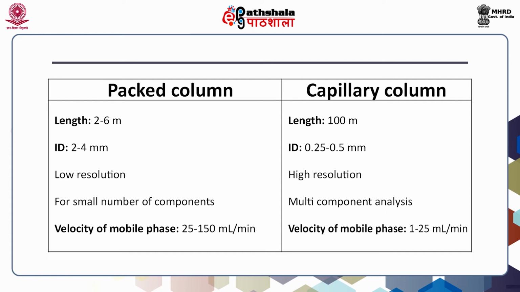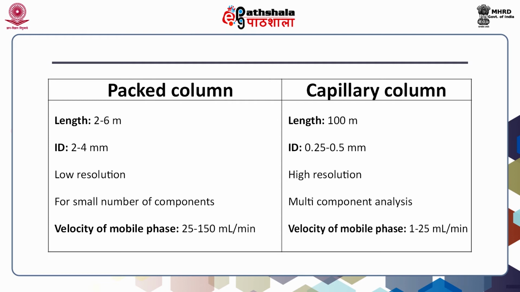The packed columns have low resolving power in comparison to capillary columns, and the velocity of the mobile phase also varies. In the packed column, the velocity of the mobile phase is generally 25 to 150 milliliters per minute, whereas in capillary columns it is 1 to 25 ml per minute.